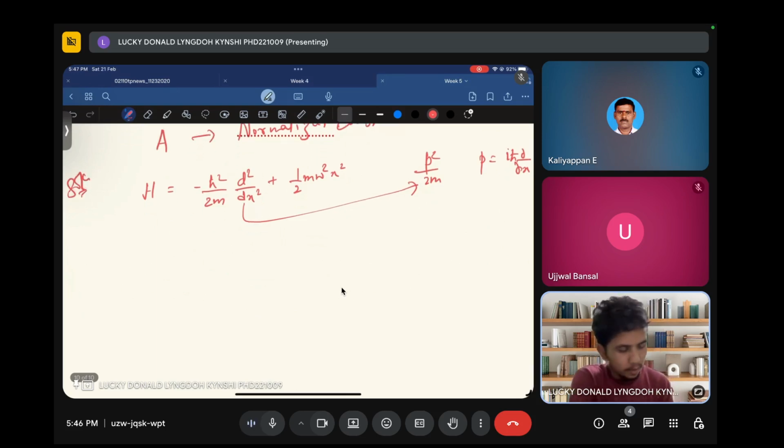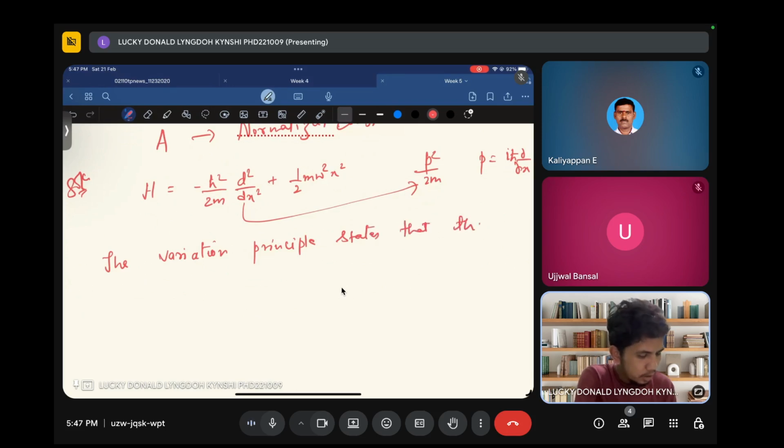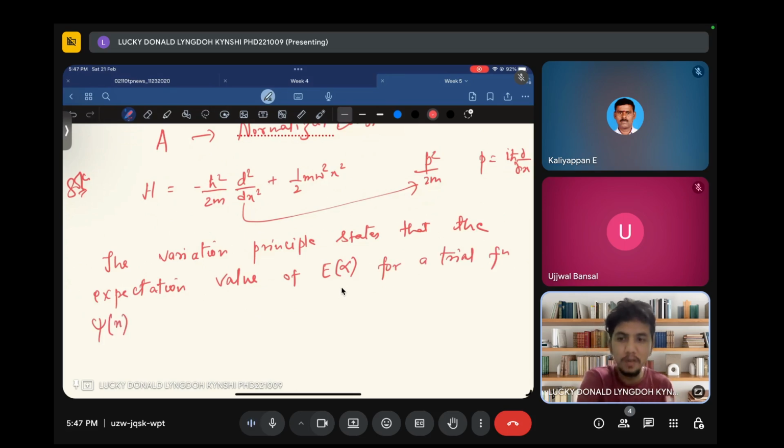Now, what does the variation principle say? Let me write the variation principle. The variation principle states that the expectation value of E, which is a function of some parameter alpha, for a trial function psi of x, that is given to you, provides an upper bound to the ground state energy E naught.